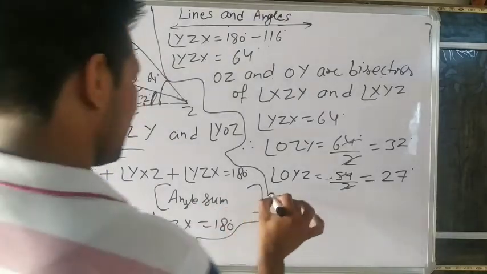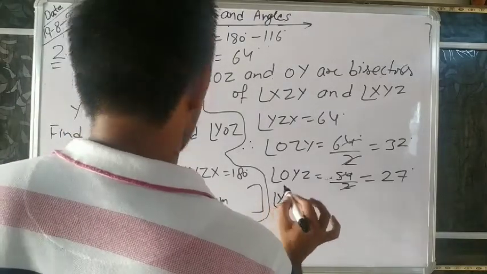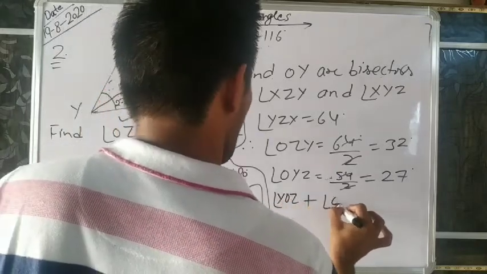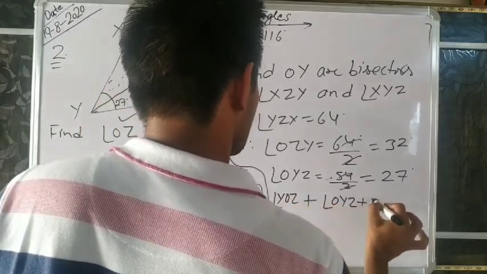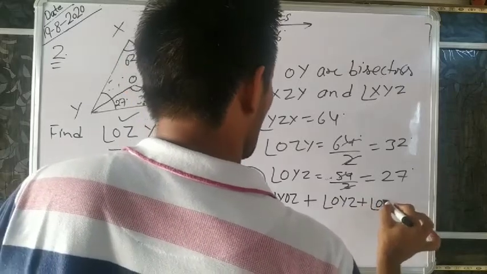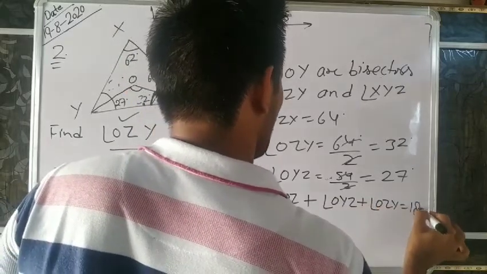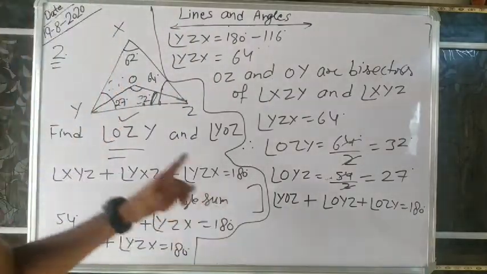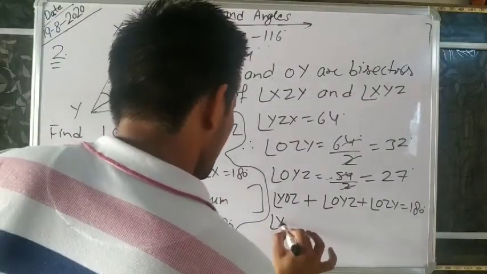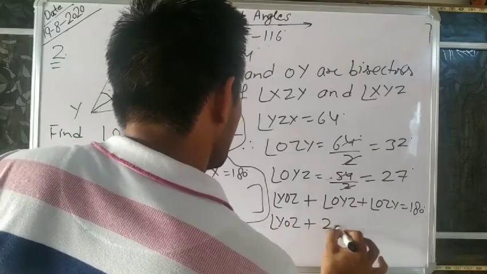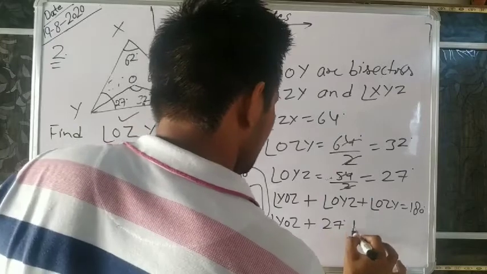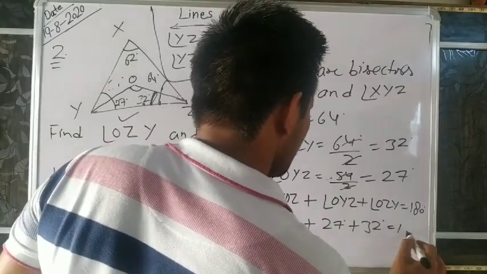So you can find the third angle easily. Angle YOZ plus angle OYZ plus angle OZY equal to 180 degrees. And write the reason, angle sum property. We want to find YOZ. YOZ plus 27 plus 32 is 180.